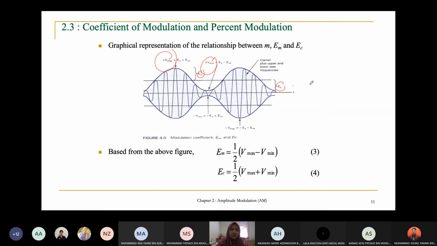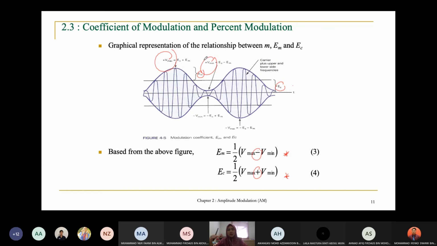Okay, so you can derive from this equation Vmax and also Vmin; you can try to derive this. You will get EM equal to 1 over 2 times Vmax minus Vmin, and EC equal to 1 over 2 times Vmax plus Vmin. This formula you need to remember, so don't get mixed up: EM is minus, EC is plus.